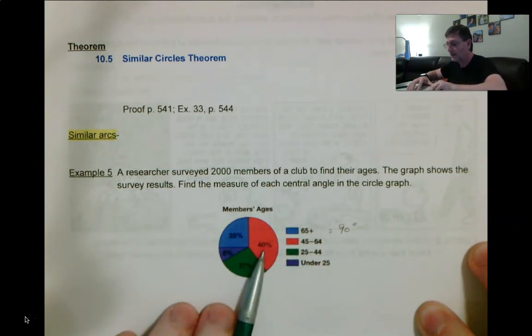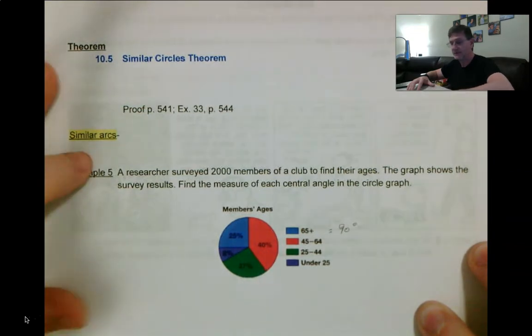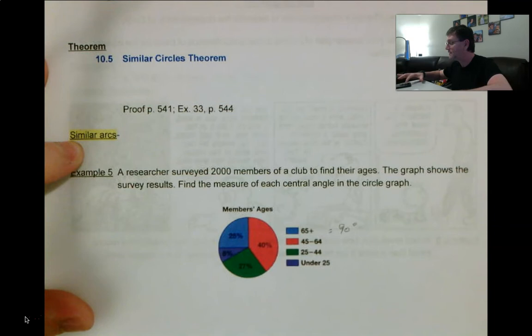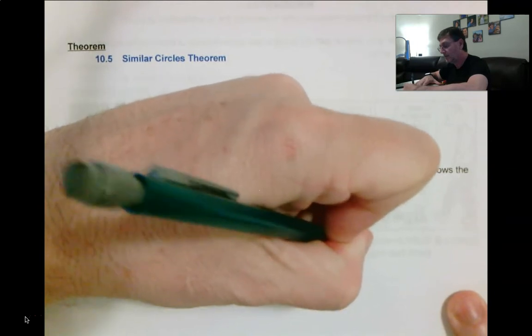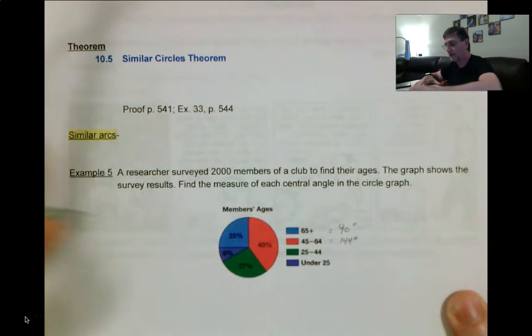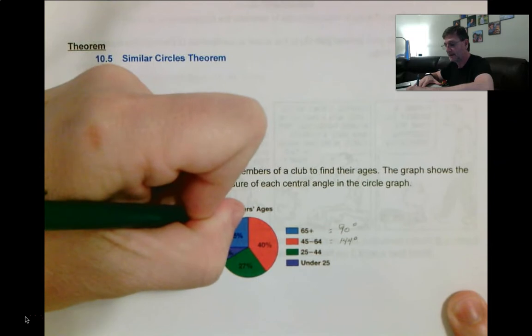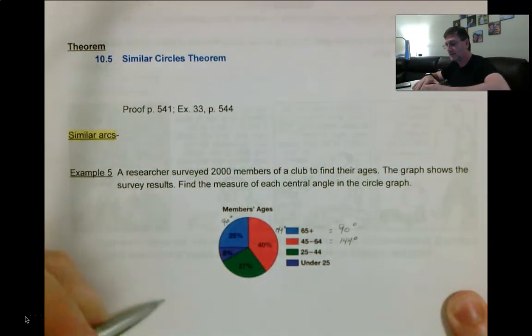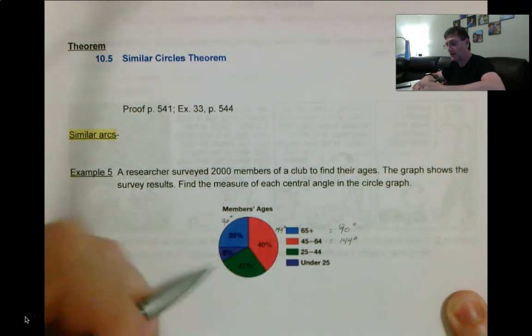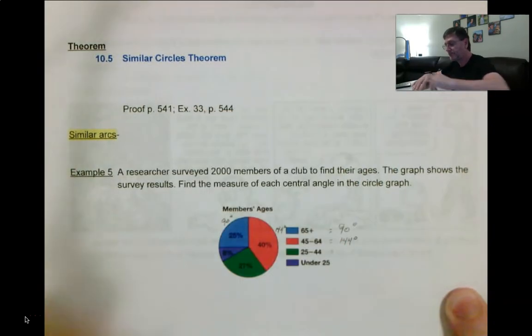Here we have 40% of the circle. So 40% of the circle, 0.4 times 360 gives us a 144 degree arc. So this is 90 degrees. This is 144 degrees. Here we're 27%.